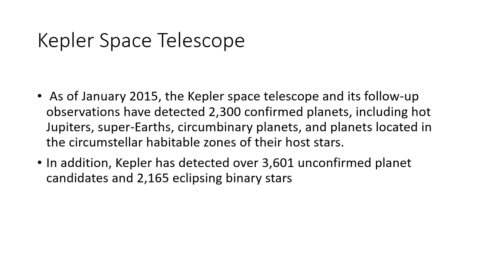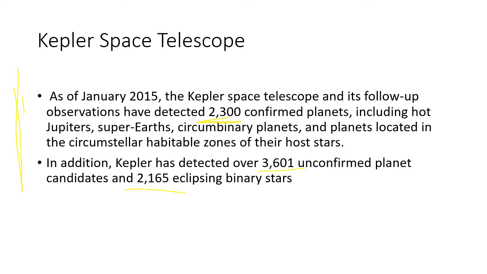They've carried on operating it because it points generally in the right place, and so you can carry on tracking stars, but it doesn't operate as well as it once did. But in that 4 years, it collected enough data to confirm 2,300 planets, with another getting on for 4,000 unconfirmed and plenty of binary stars as well. Wow. Kepler is just the most amazing space mission ever.